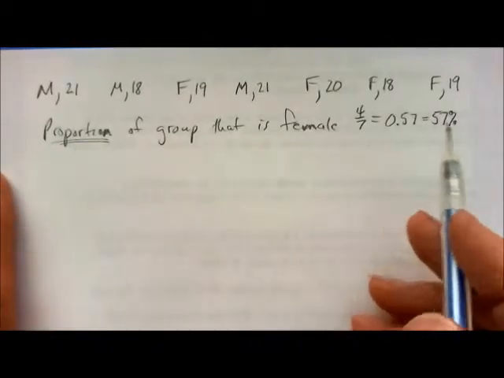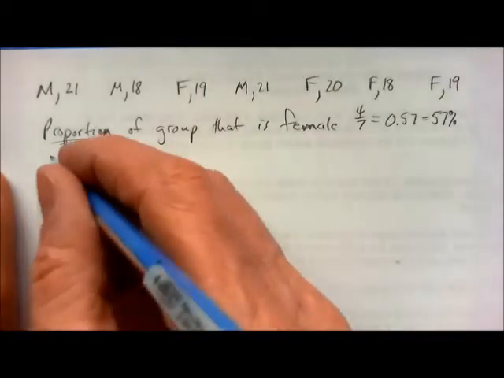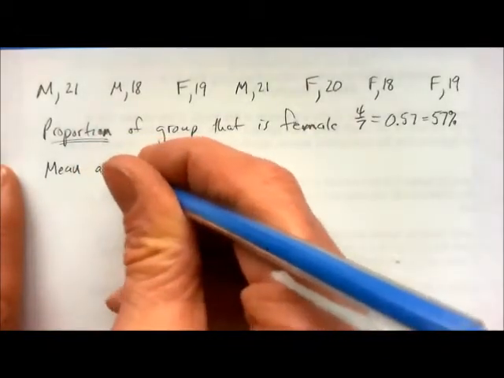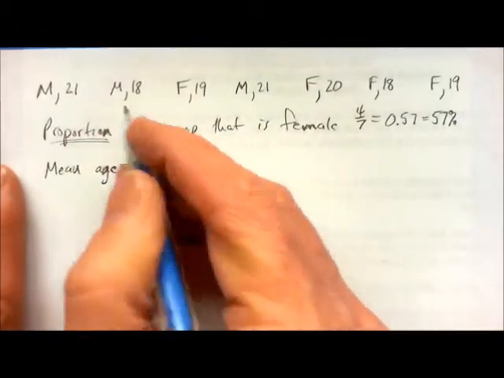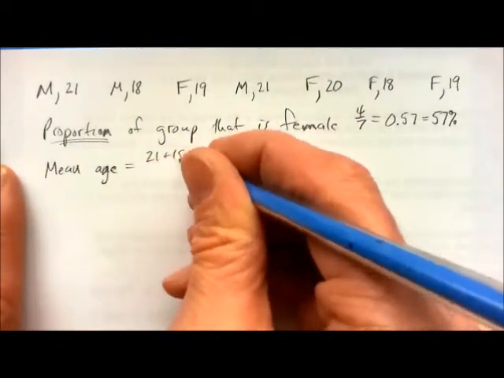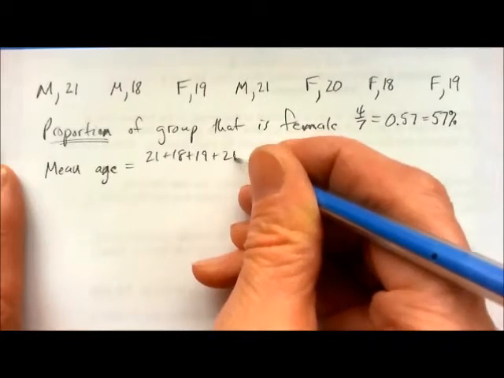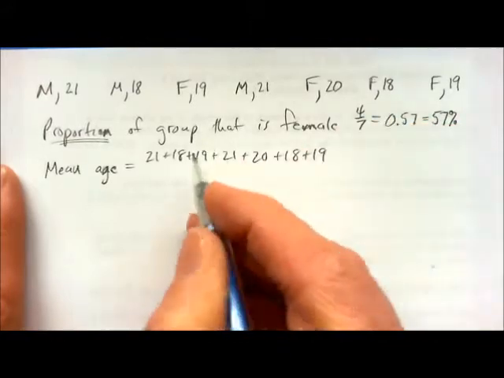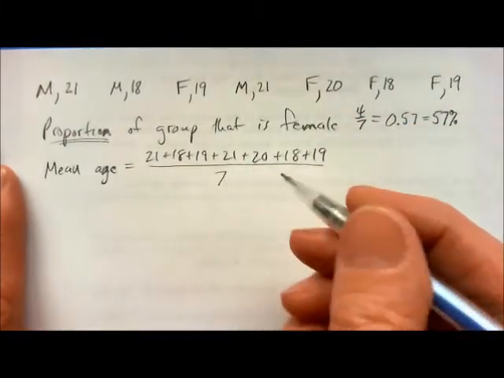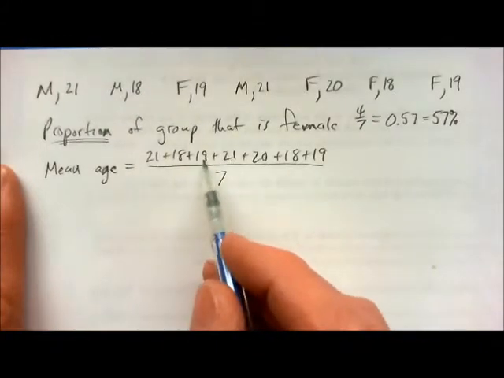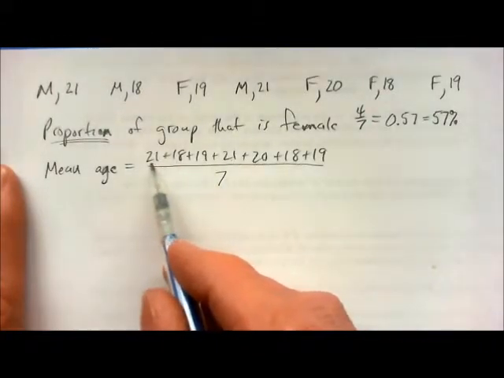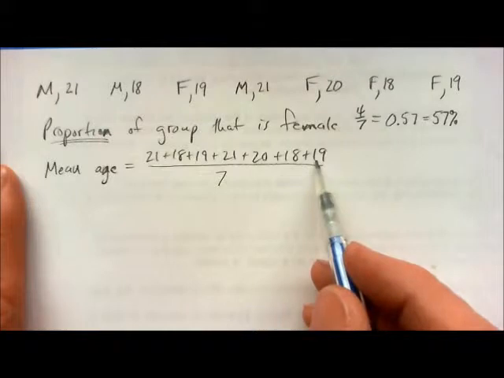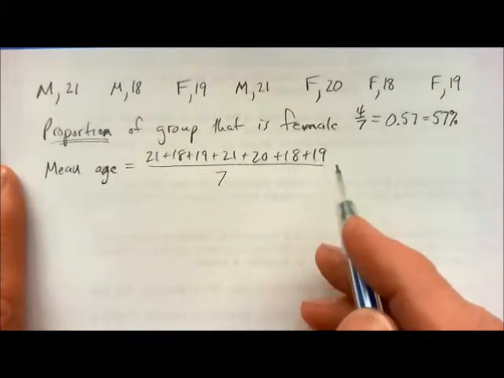On the other hand, if we were to take these people and average their ages, so remember we call an average a mean. So the mean age for this group would be the total of their ages, 21 plus 18 plus 19 plus 21 plus 20 plus 18 plus 19 over 7. We can see here, let's see, 21 plus 19 is 40, there's 58, 78, 79, 99, 109, 118, 128, 136.